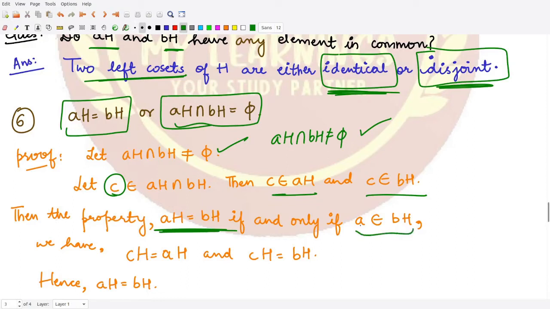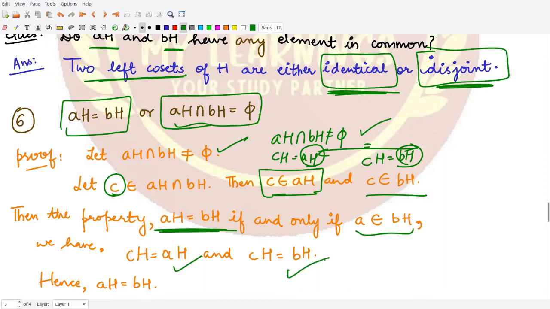Now, C is a member of AH, so CH would be equal to AH from this result, and because C is a member of BH, CH would be equal to BH. Since CH is equal to both AH and BH, AH and BH are equal to each other.